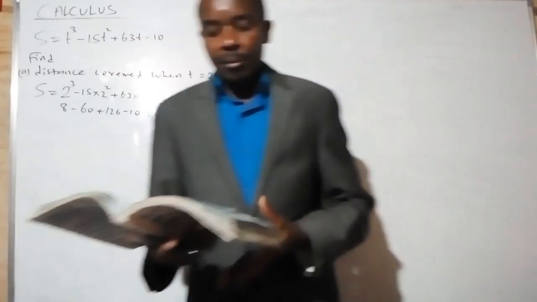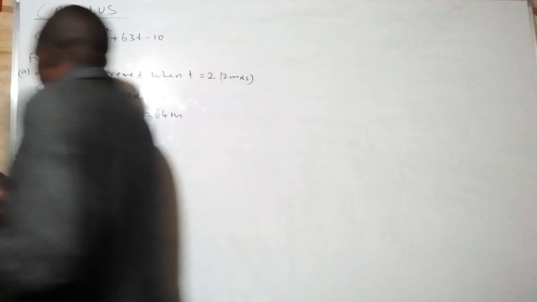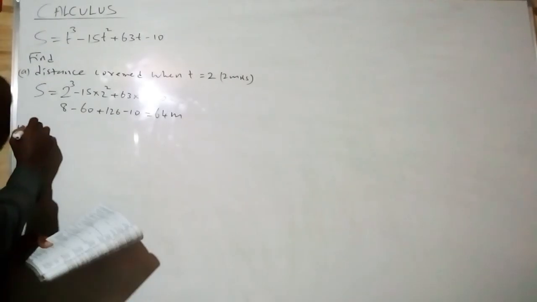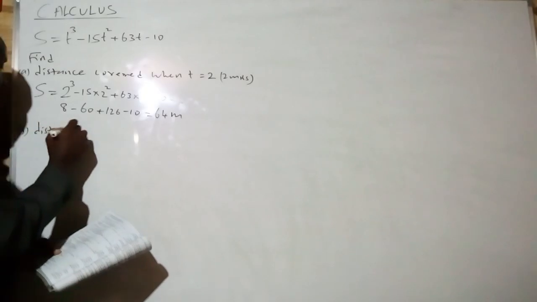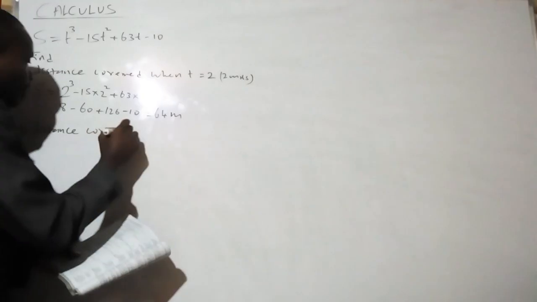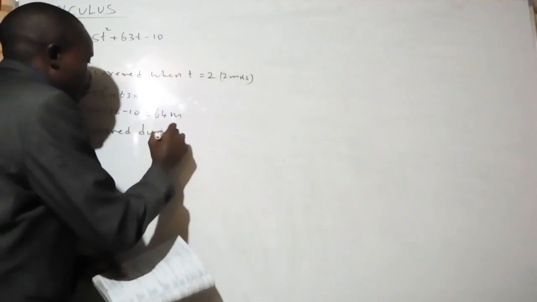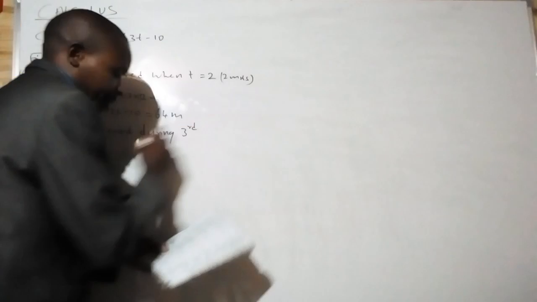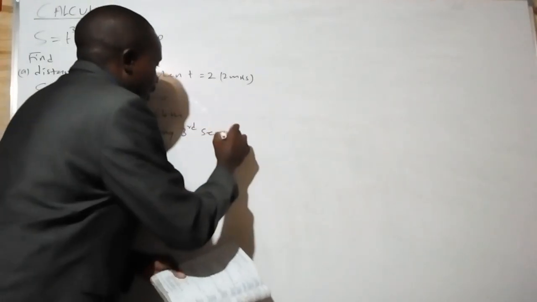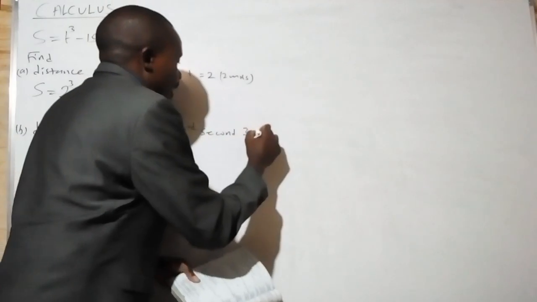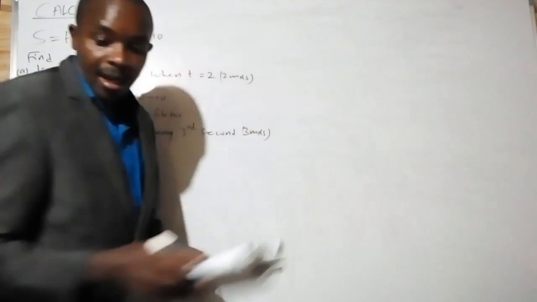B, distance covered during the third second, 3 marks. You are supposed to get the distance covered during the third second, and subtract the distance covered during the second.